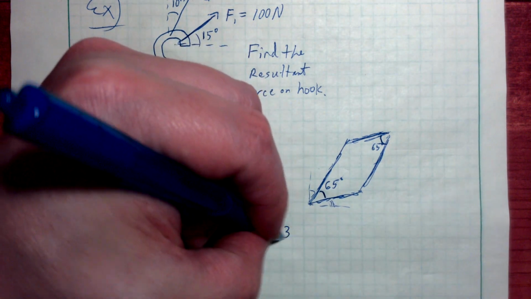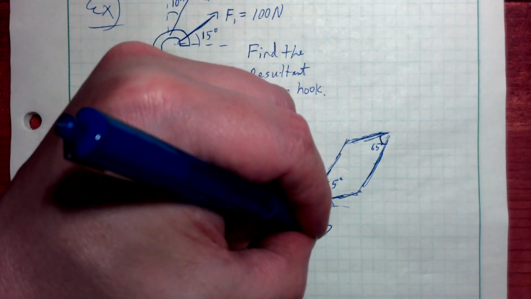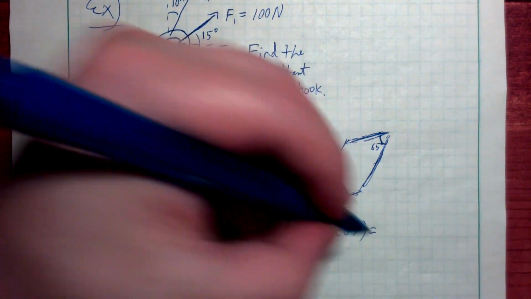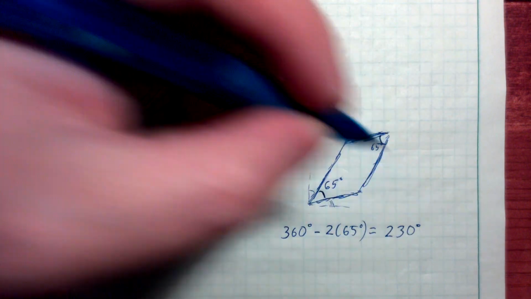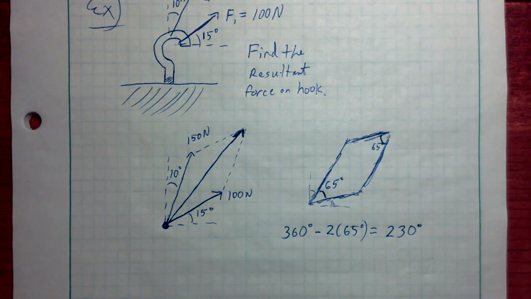You've got 360 degrees minus 2 times 65 degrees is equal to, what is that, 230 degrees? I think that's right. Calculator.